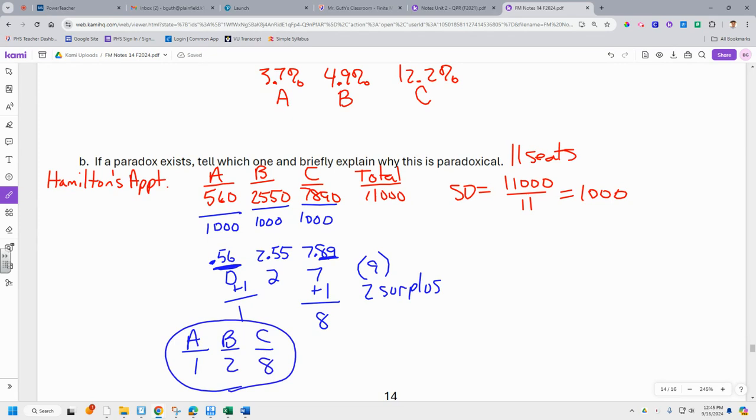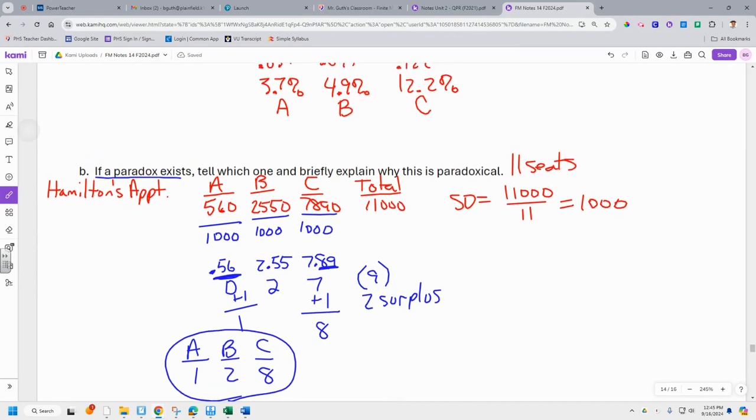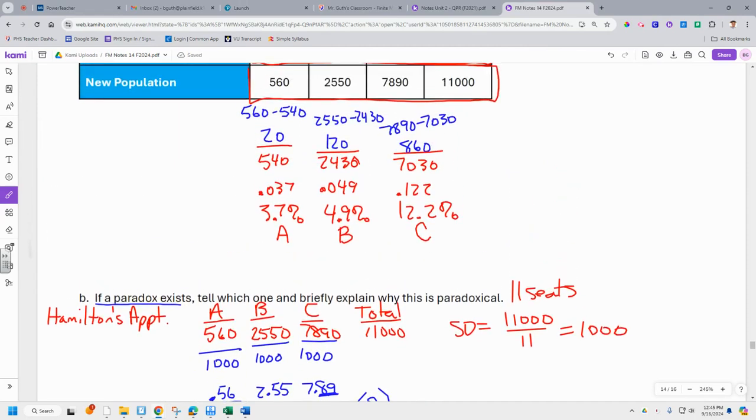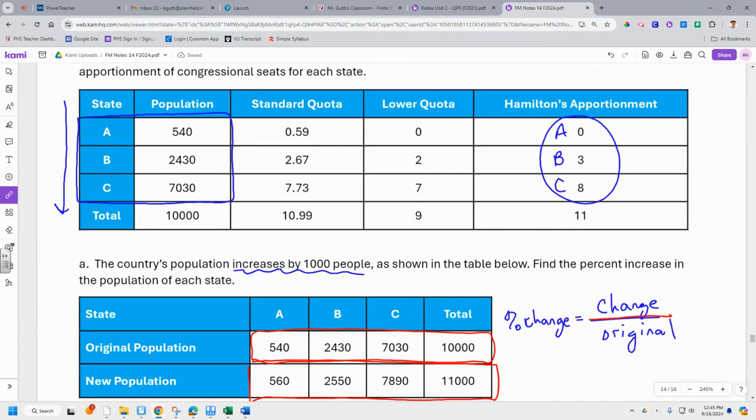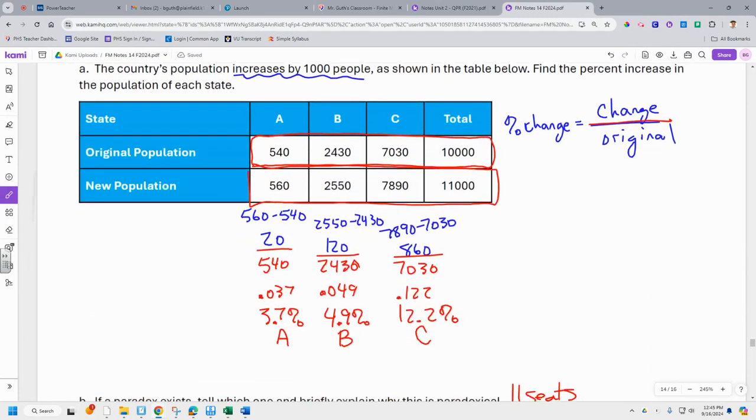But that's not the question. The question says, if a paradox exists, tell which one. Is there a paradox here? A gets 1, B gets 2, and C gets 8. Originally, remember, before the change, it was 0, 3, and 8.